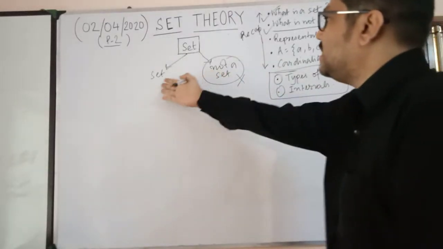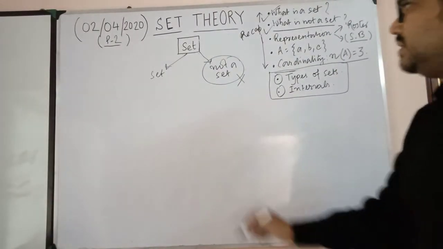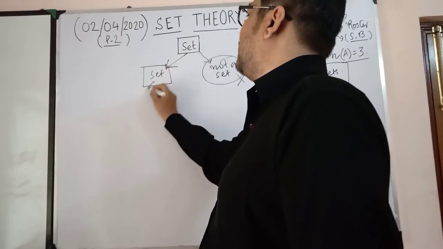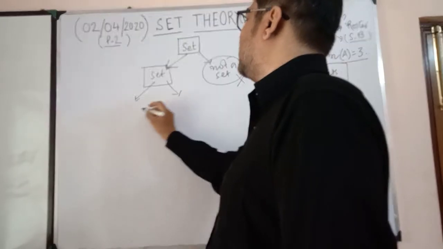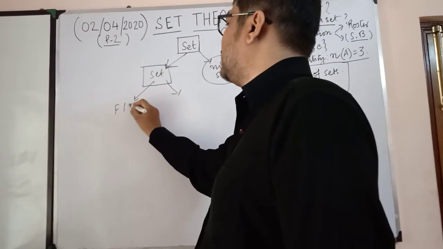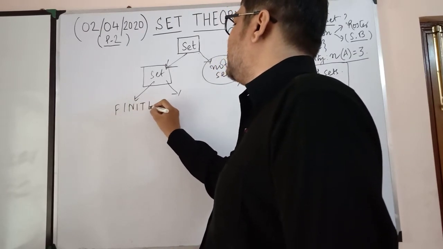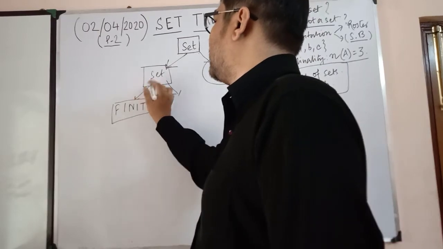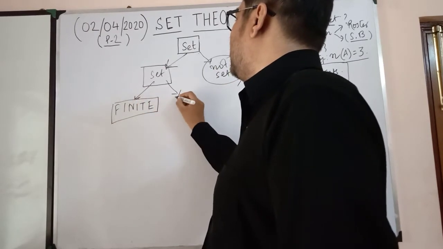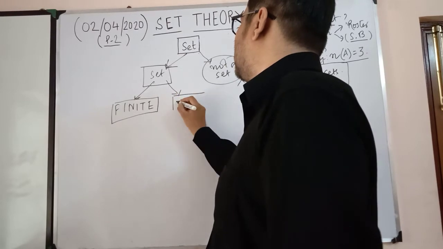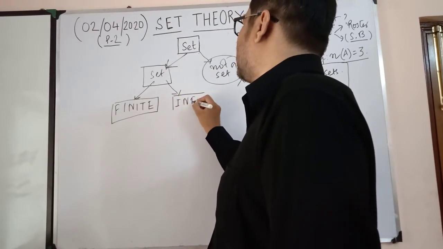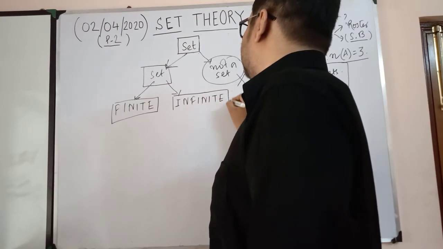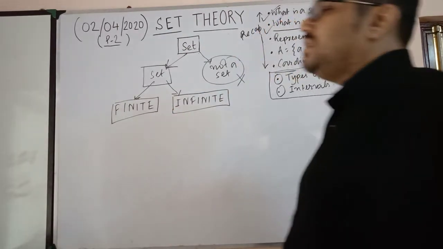We want to categorize this set. This set has two main categories: one is the finite set and one is the infinite set. Now what is a finite set?